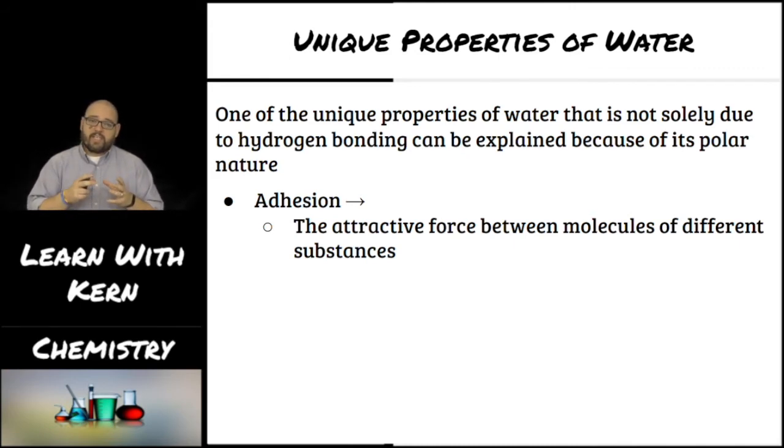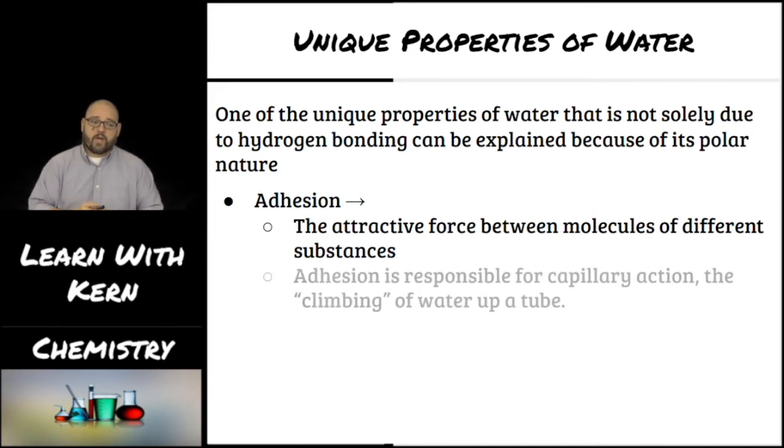And so the negative side of the molecule will actually push electrons away from it and cause it to be slightly temporarily polarized. We call it an induced polarity. And so it causes the water molecule to then be attracted to it. That is what adhesion is. It's the force between molecules of different substances, and that polar nature of water kind of causes that. It gives an induced polarity to other substances.